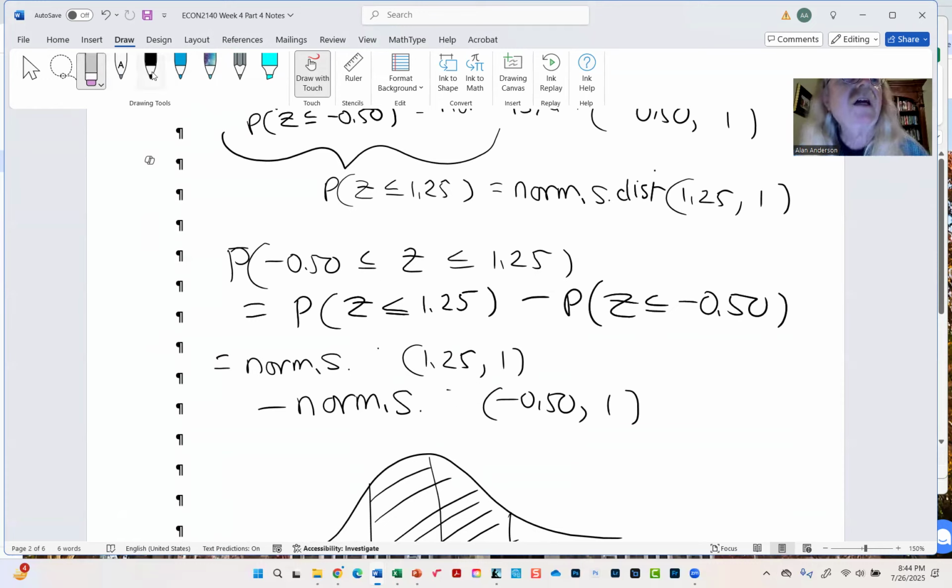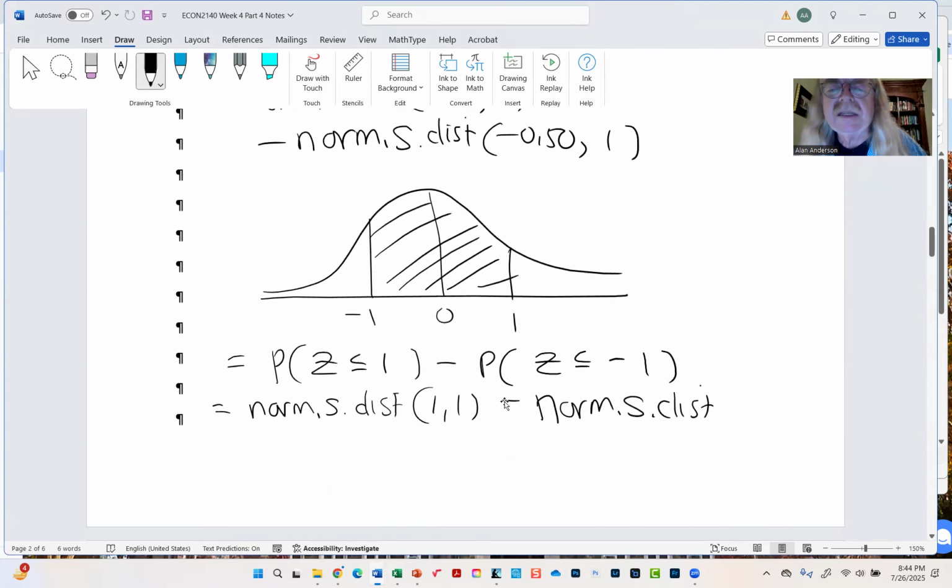Sorry. These are dot dist. The reason maybe why that happened is because the function on the TI-84 looks more like this. But anyway, same thing here. It's dist. All right, let's see what that is.